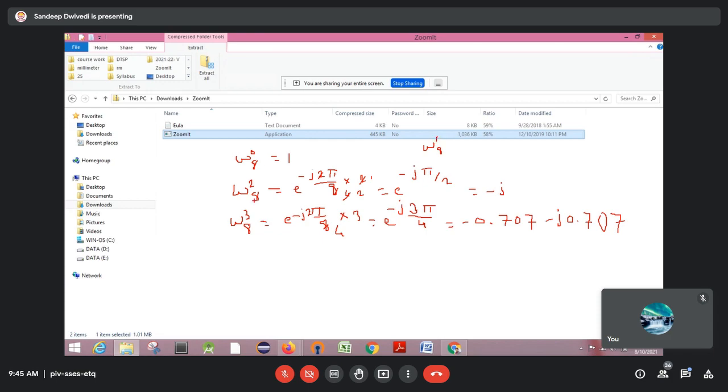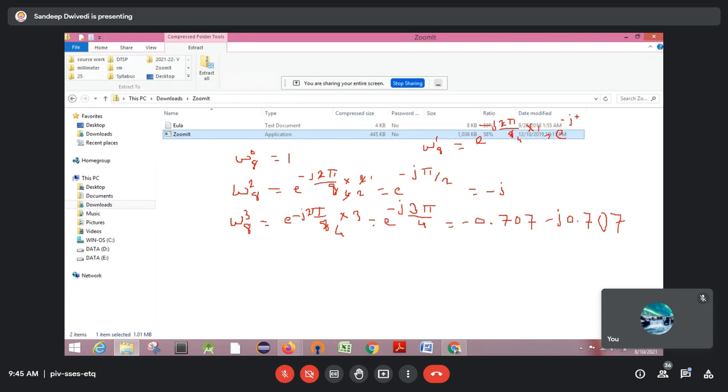One more Twiddle factor you need to calculate, that is W suffix 8 raised to power 1. This is 0, 2, 3, so 1 more is there. So this will be again e raised to power minus j 2 pi by 8 into 1. Okay, so this will be pi by 4, so this will be simply e raised to power minus j pi by 4.